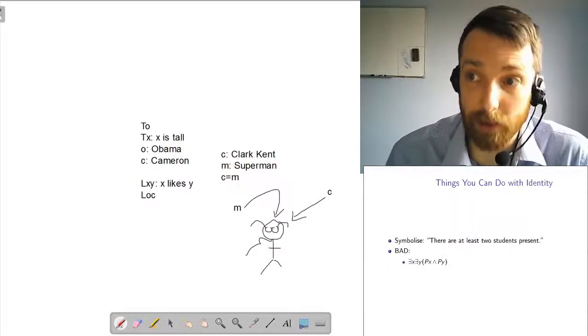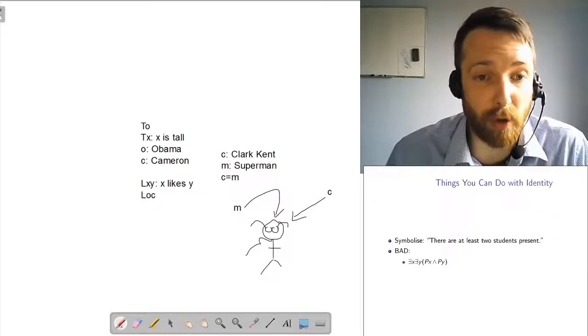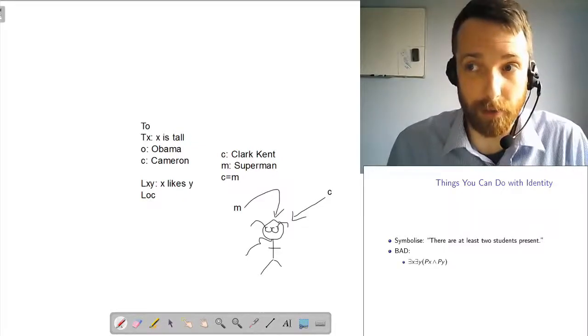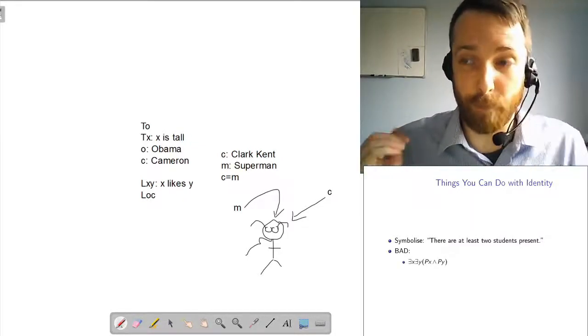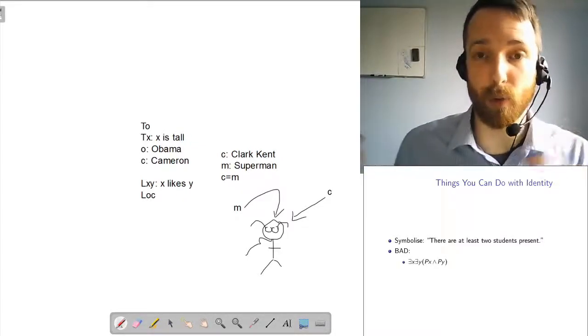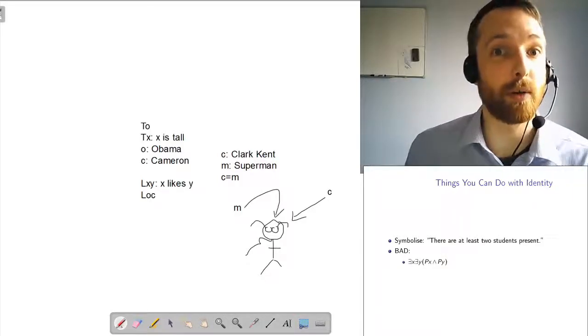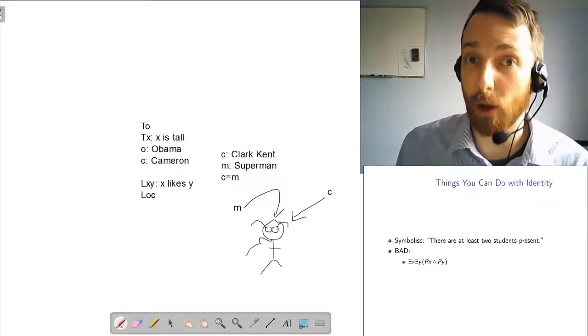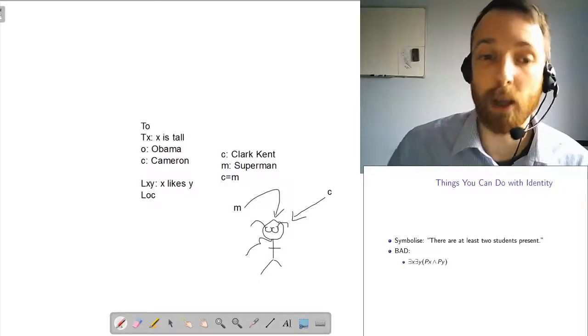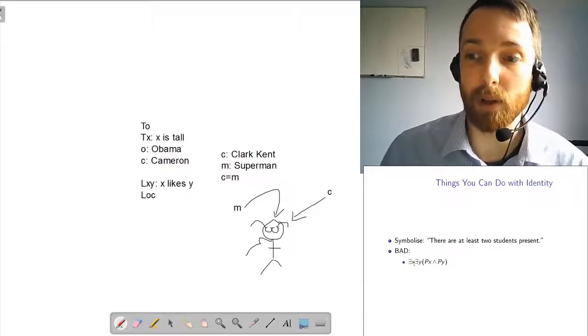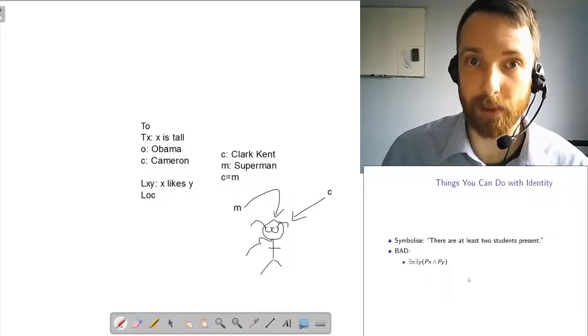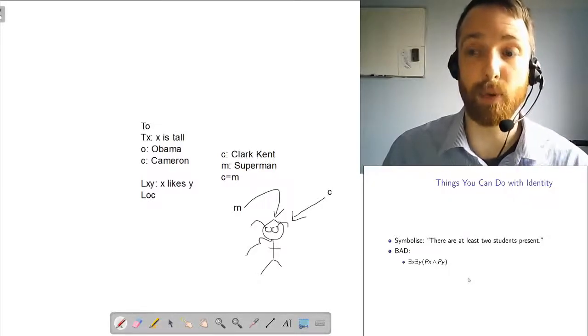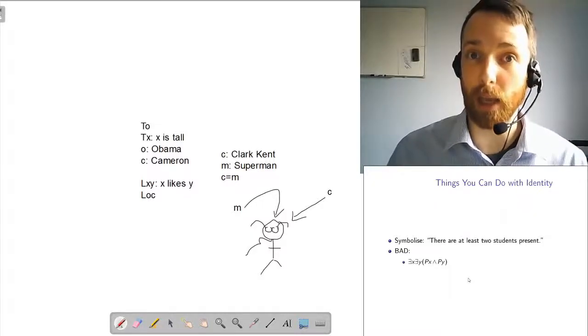That might look like it tells me there's 2 things present, but remember what I told you about the patterns of repetition, and this is the same for variables here and for scripty letters when you're reading definitions of rules in natural deduction. When you see the same variable letter twice, that means you must put the same thing in both gaps.